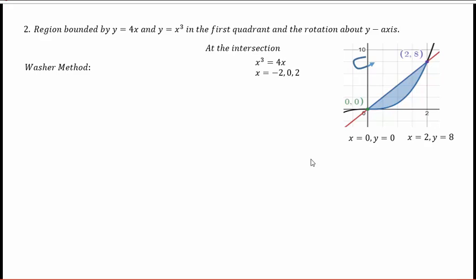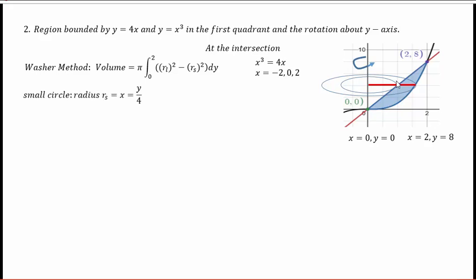Now the washer method will be the same way. You can take the radius at any reference point. It's not necessary to go to the graph. If you go from here to the bigger one, and the smaller one will be from here to here, we determine smaller and bigger.